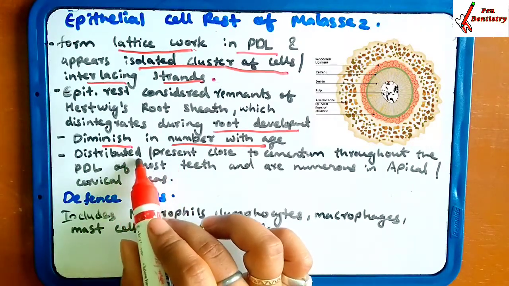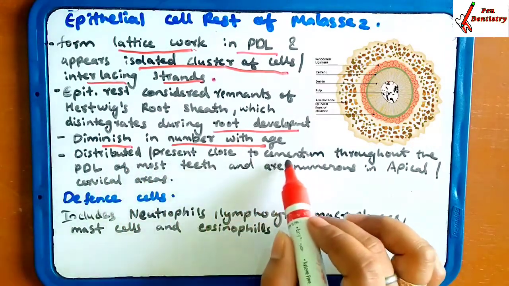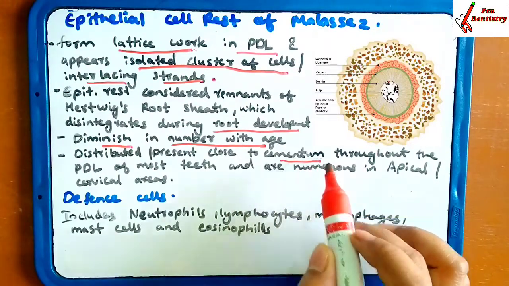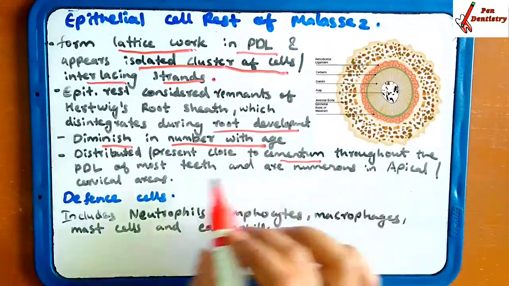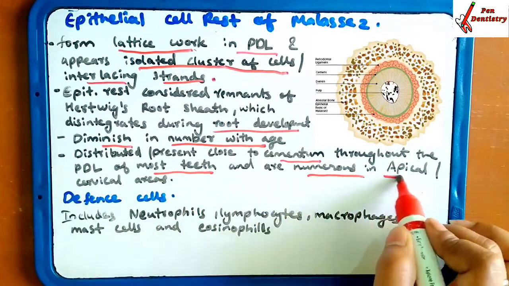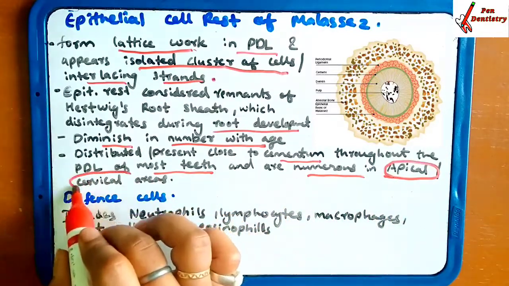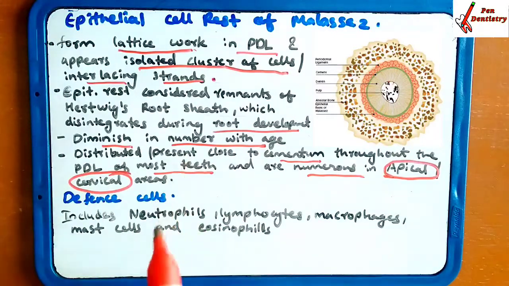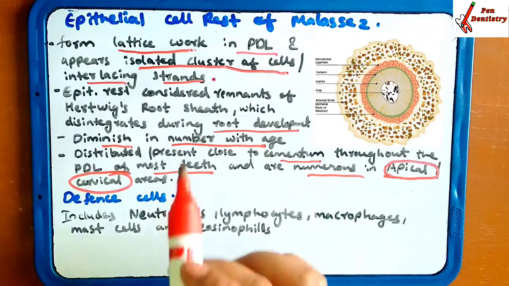They are distributed close to cementum throughout the PDL of most teeth and are numerous in the apical region and cervical area. This was the epithelial cell rest of Malassez. How does it occur?